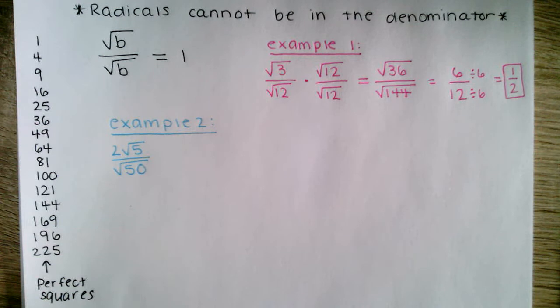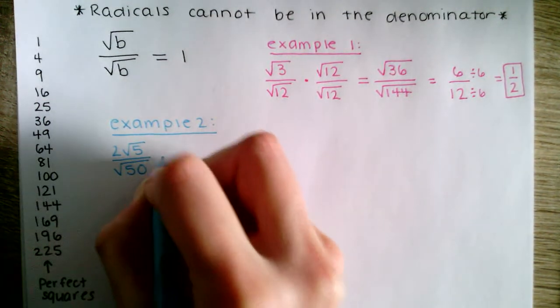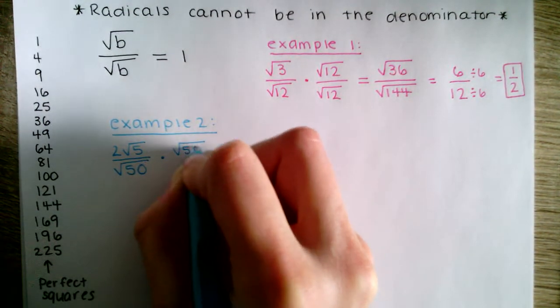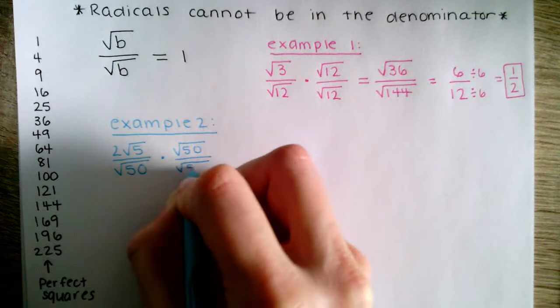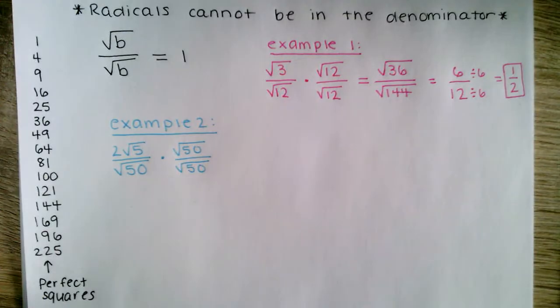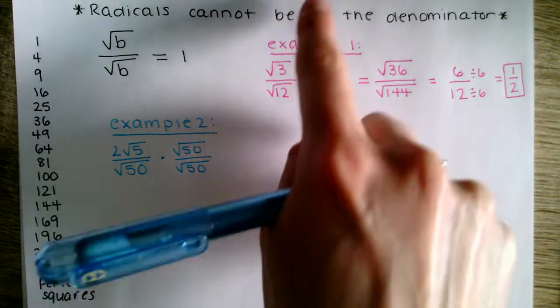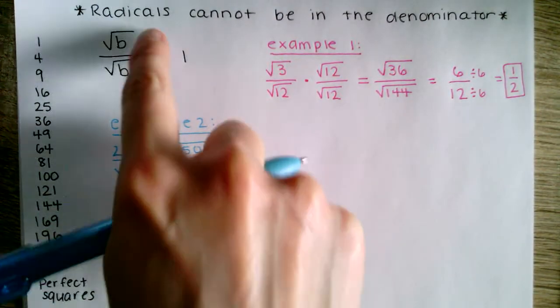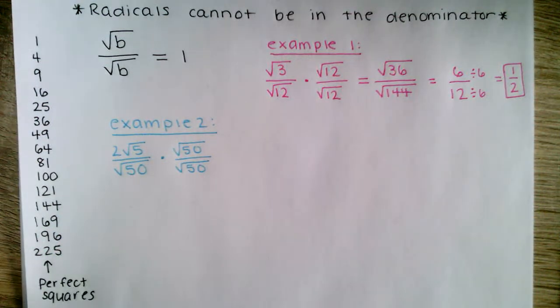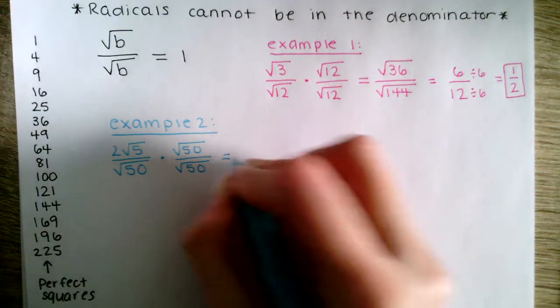When we're talking about radical division, we're talking about getting those radicals out of the denominator. So we are going to multiply top and bottom by whatever radical is in the denominator, in this case radical 50. And just like we talked about up here, multiplying by a radical over itself is equal to 1. So that's not changing the value, it's just changing the way the problem looks.